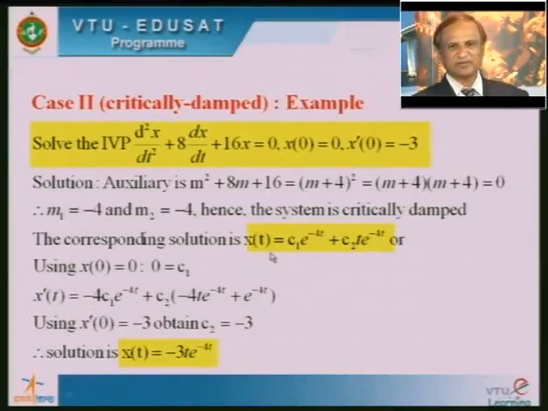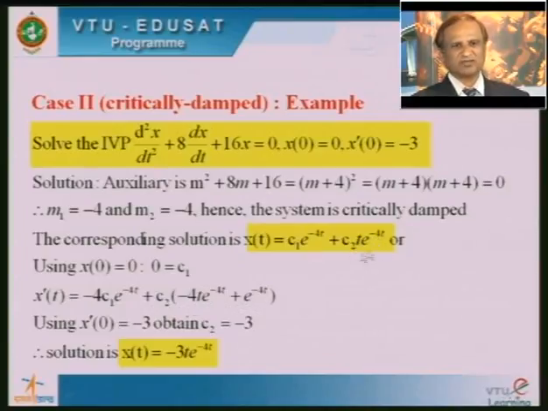Now, I am going to differentiate this equation in the usual format, is it clear. As I have mentioned, it is of the type e raised to minus ax, right. I hope we will get x prime of t is equal to minus 4 into c1 e to the power minus 4t plus c2 into minus 4 times t into e to the power minus 4t, because I want to use the u into v formula, is it clear, because of t into e to the power minus 4t, right.